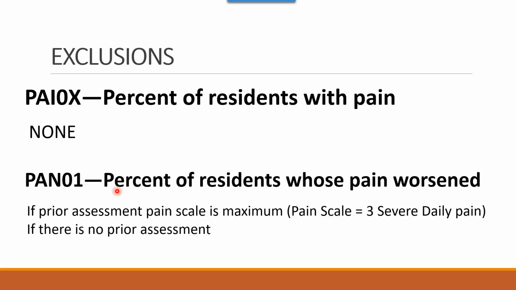Now for the worsened pain item, if the prior assessment pain scale is already maximum, so on the last assessment, if they had maximum pain, obviously the pain cannot get worse than the maximum. Also, obviously, if there is no prior assessment to look back at within that 45 to 165 day window, then we also will not be able to include those assessments as well.